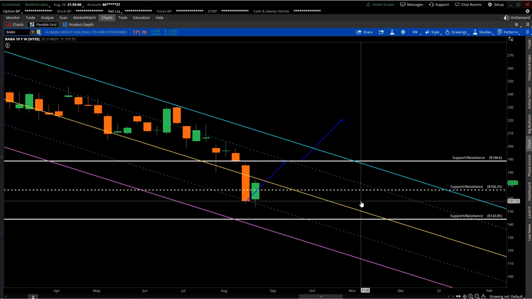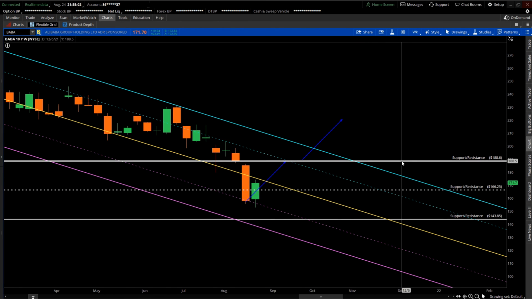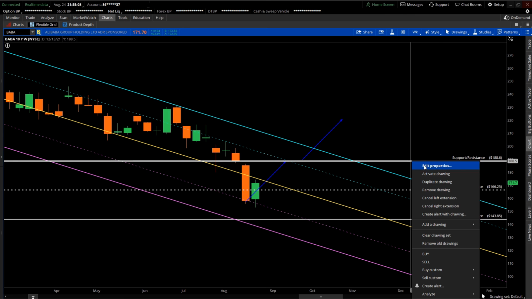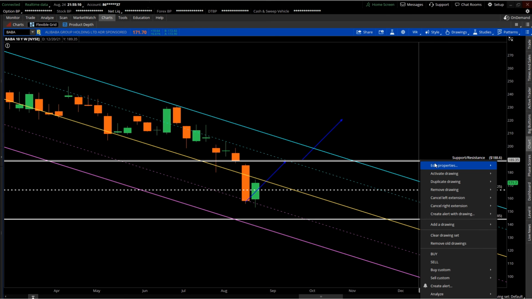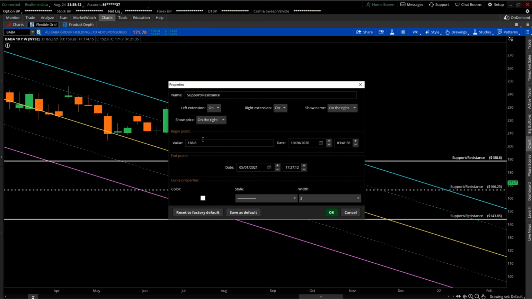The support resistance above 188, I believe it's at 210.95.